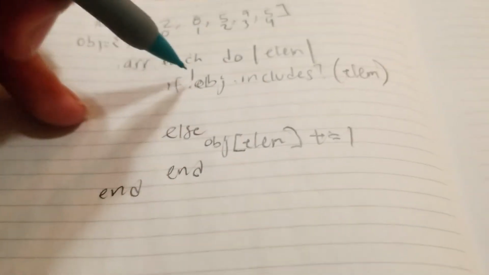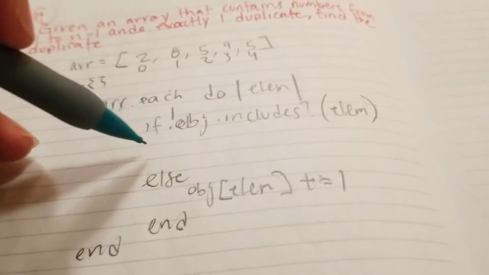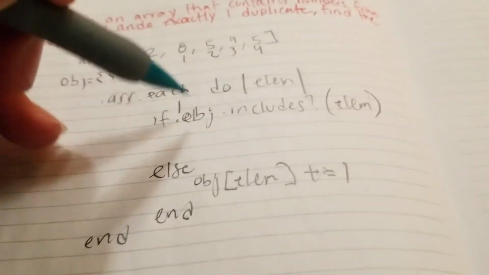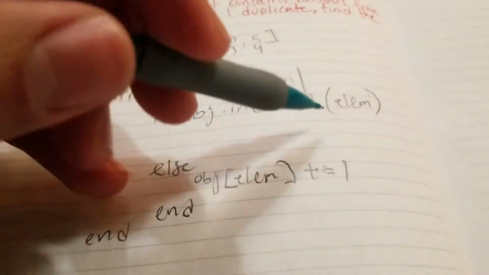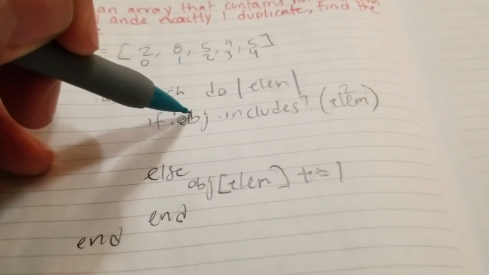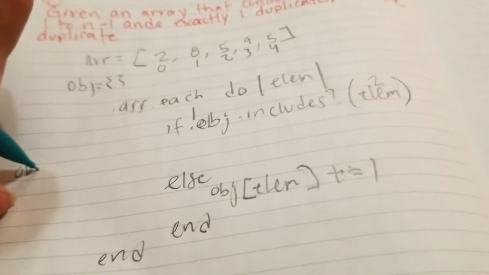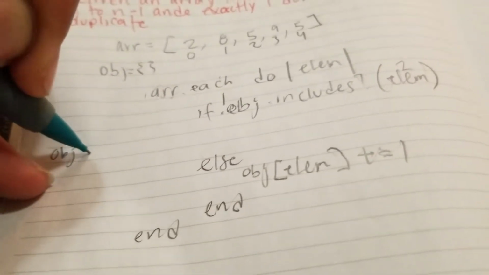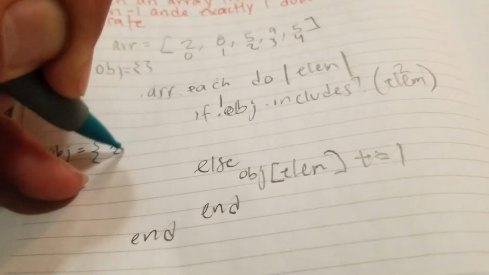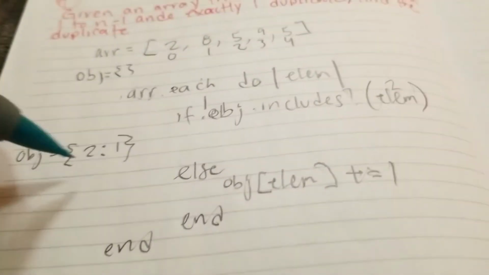So for this one, just to go through three of these of the partial array. We do 2. We say if object doesn't include the element. So here we would pass 2, and since we have an empty object, this would be updated. So then the object will equal 2, 1.